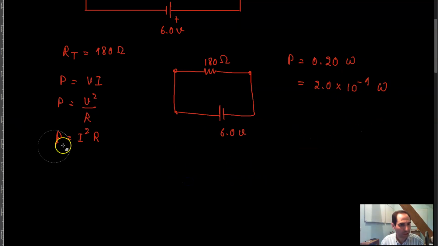So the answer over here is 0.2 watts, which is 200 milliwatts, right?